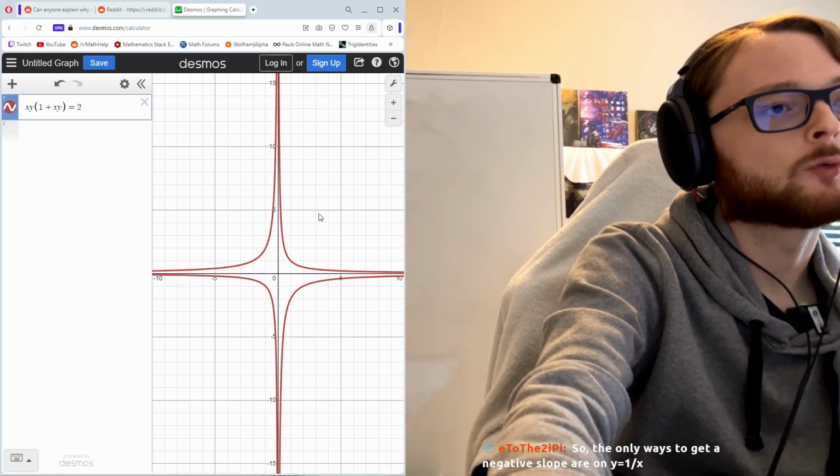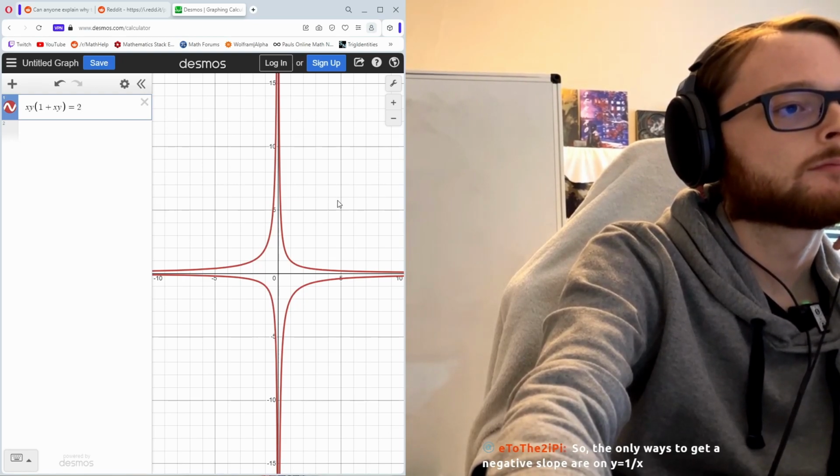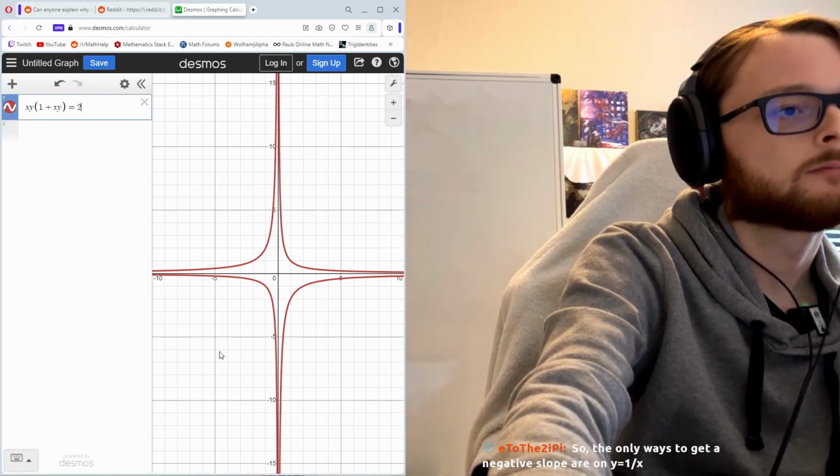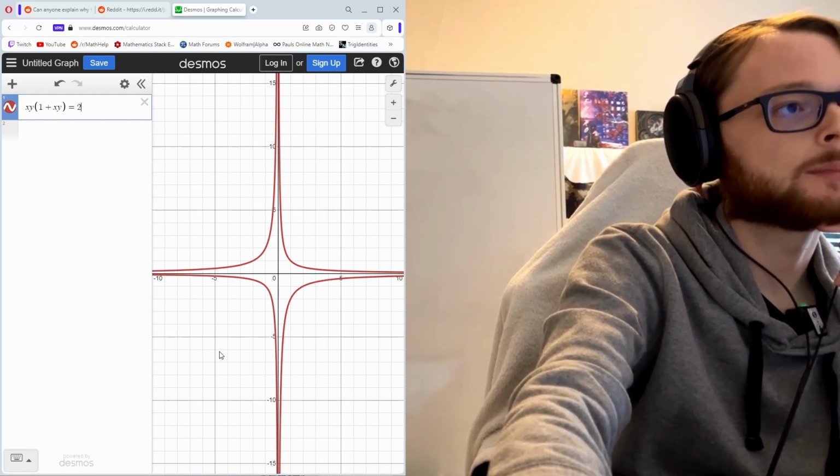Right, because this one in the first quadrant is decreasing. And this one in the third quadrant is also decreasing, which is the shape of 1 over x. It might not match exactly.